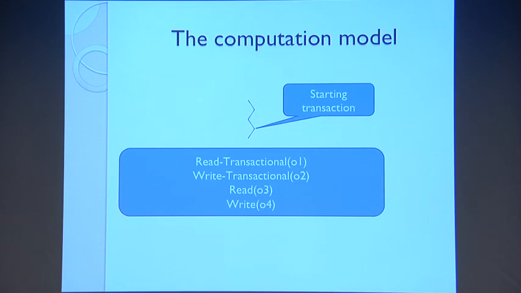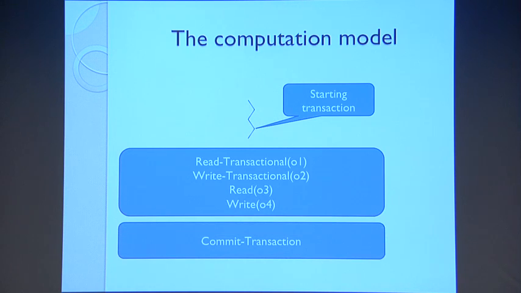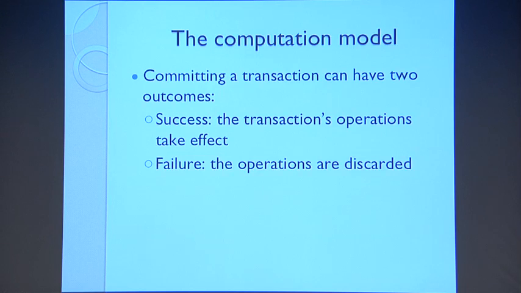You can also do regular, non-transactional reads and writes. At the end of the transaction, they need to invoke the commit transaction, which will ensure that everything is committed atomically. The commit can have two kinds of results: either a successful commit, which means all the transaction's operations take effect atomically, or a failure, and they're all discarded.